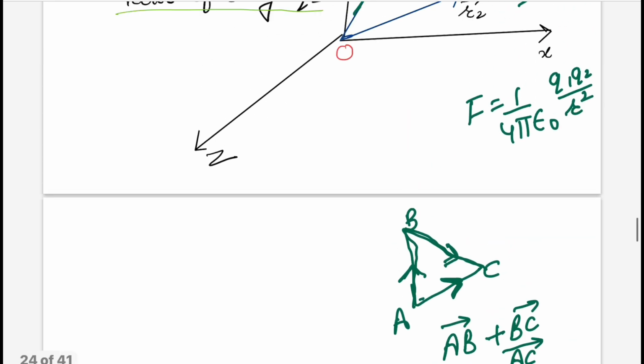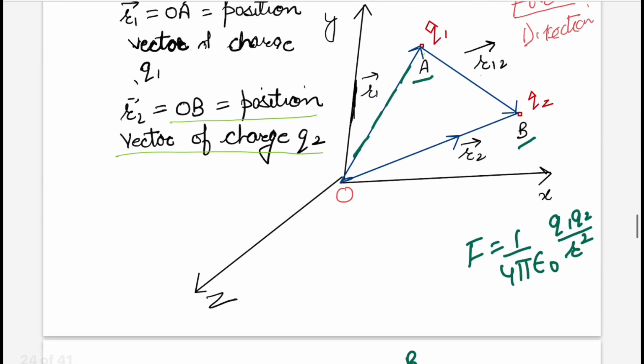So if you look at this triangle, OA and OB are two vectors and there is R12. R12 is the distance between the charge Q1 and Q2.